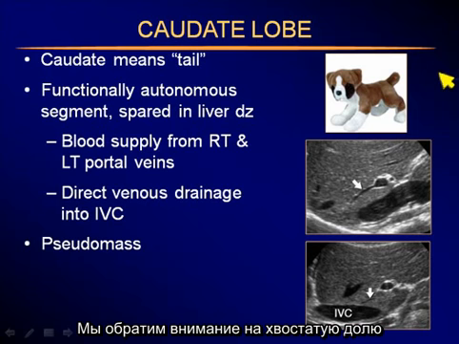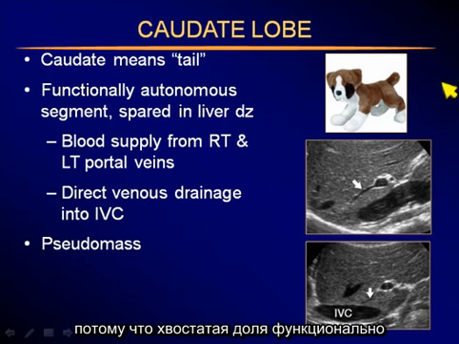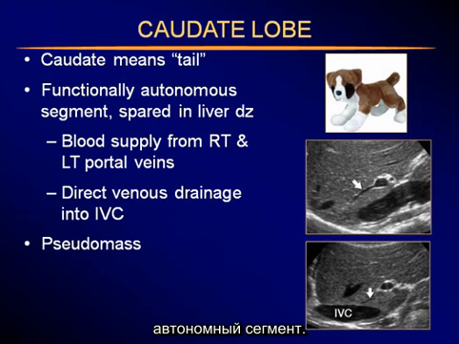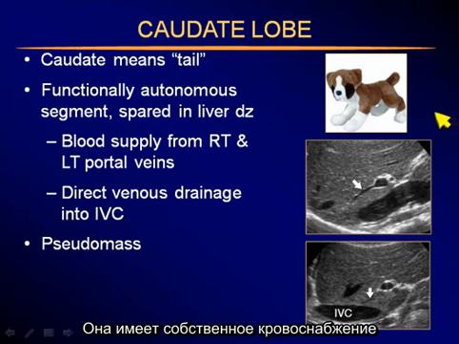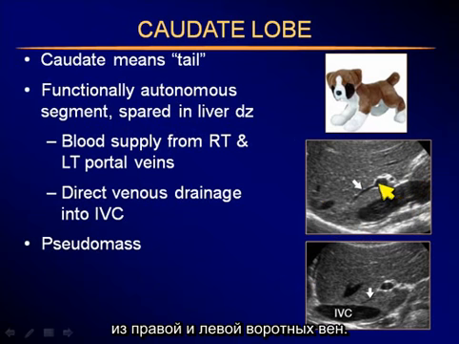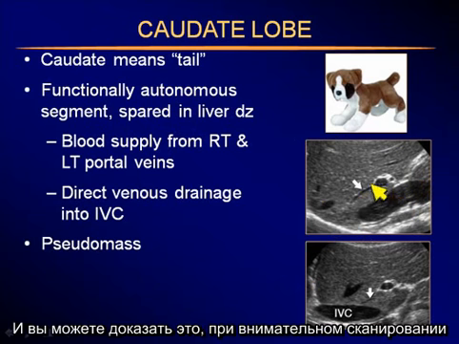Now, we pay attention to the caudate lobe because the caudate lobe is functionally an autonomous segment, and it has often been said that it is spared in liver disease. It has its own blood supply. It takes blood supply from the right and the left portal veins, and you can prove this to yourself if you carefully scan.